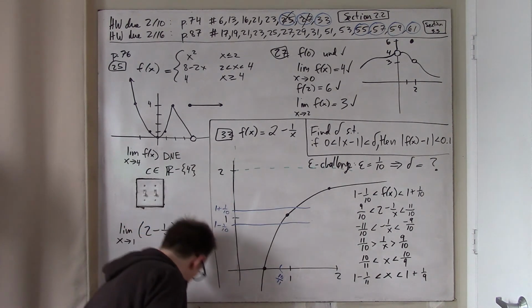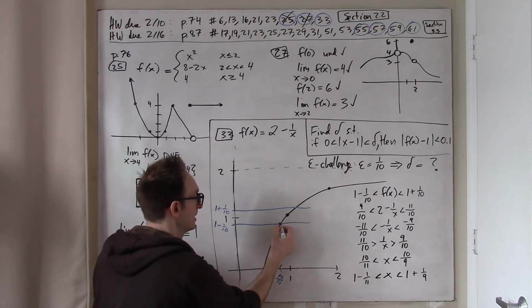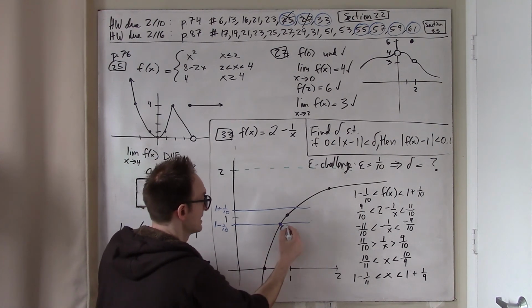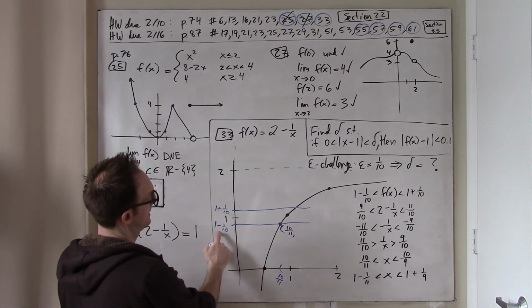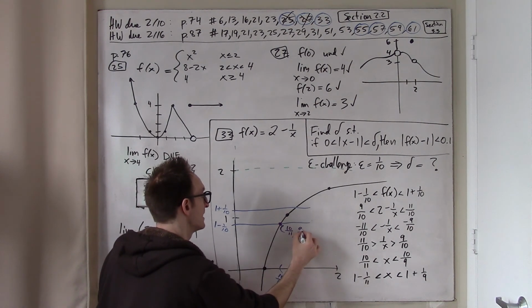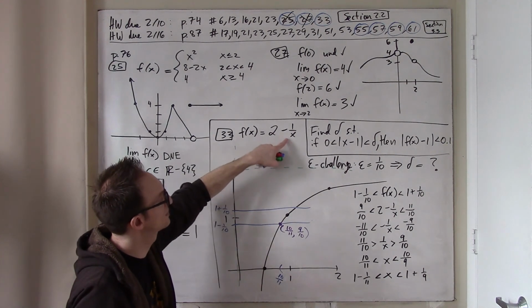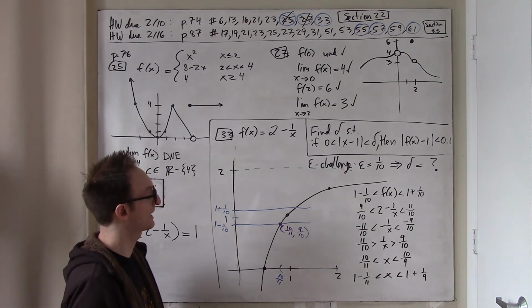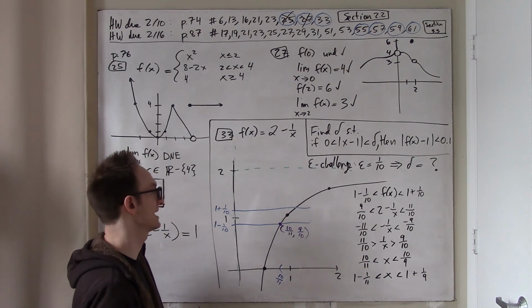And what that means, if you add it to the picture, is that this point here must be the point 10/11, comma, well, that's 9/10. And you can even double check that by plugging 10/11 in here, right? 2 minus 1 over 10/11 is like 2 minus 11/10, which is 9/10.